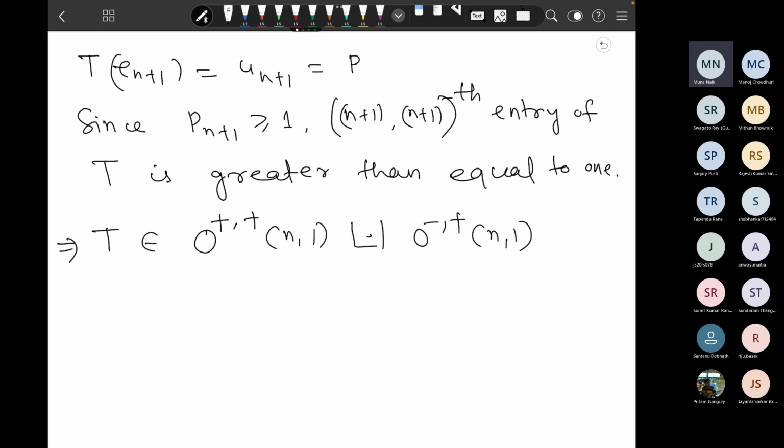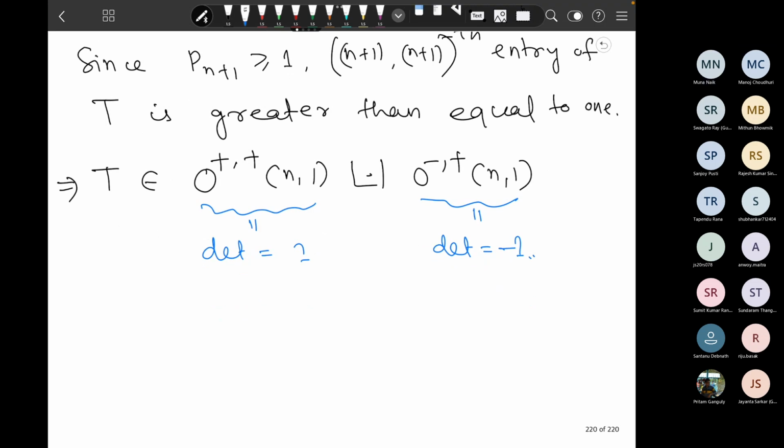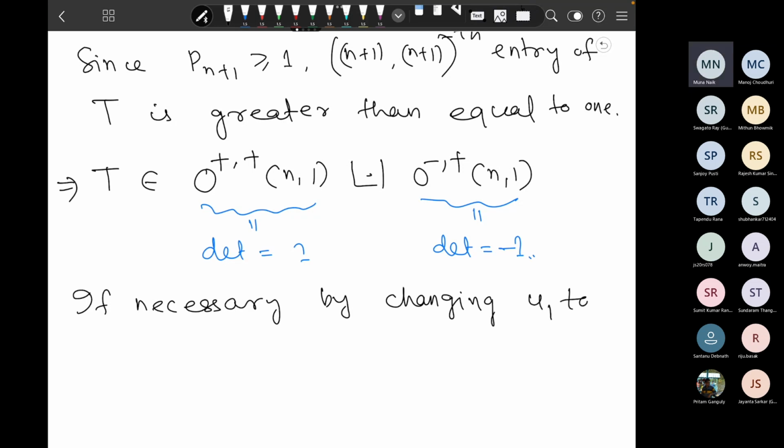Okay, so now we have seen that one of these has determinant equal to 1, and the other has determinant equal to minus 1. So if necessary, by changing u1 to minus u1, we can assume the determinant of T is equal to 1.